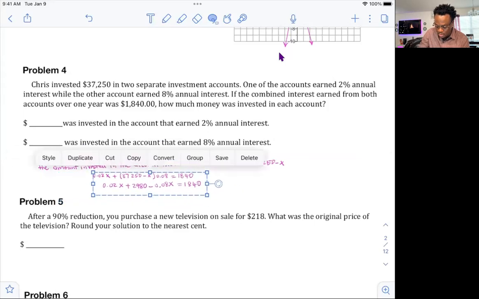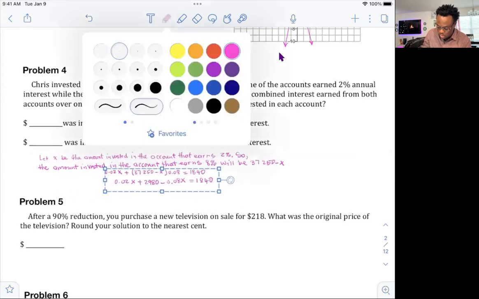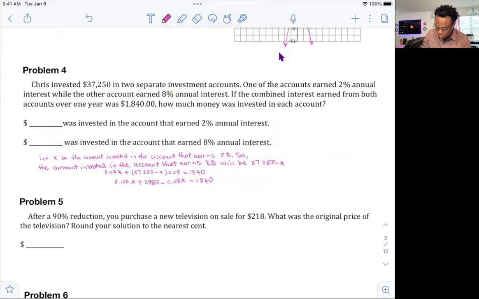That will be negative 0.06x plus 2,980 equals 1,840.